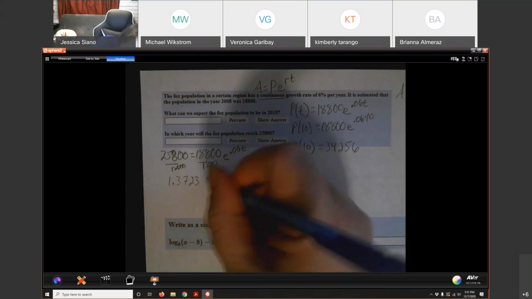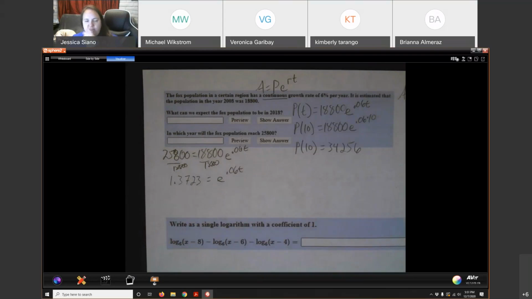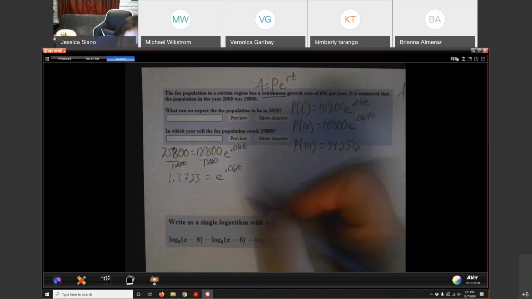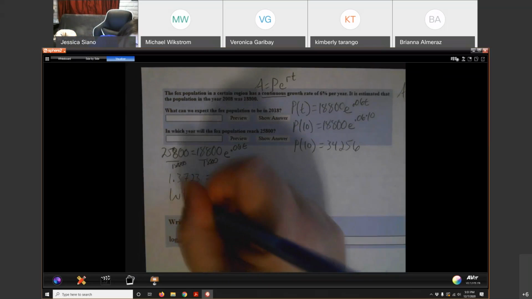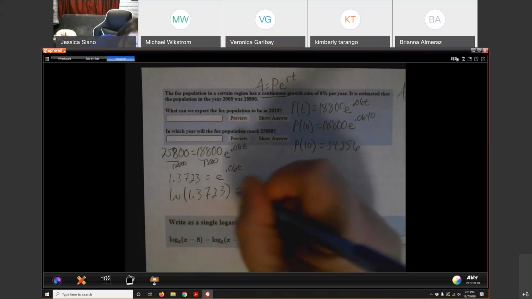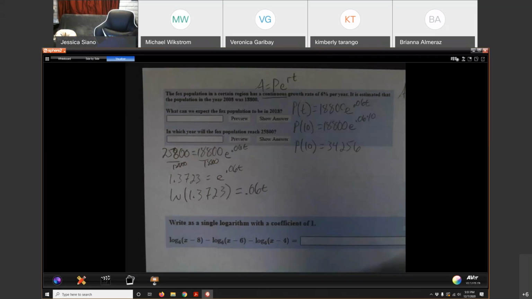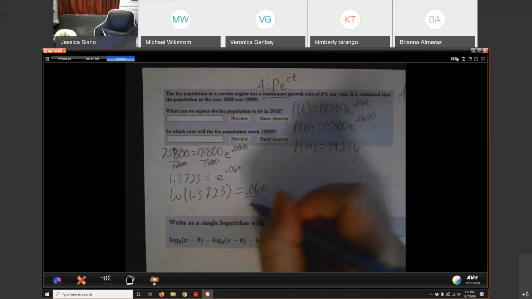That's 1.3723. And then we need to turn this into a logarithm. And remember with the e's, anytime we turn an e into a logarithm, it turns into the natural log. So this would be the ln of 1.3723 equals 0.06 t. Then divide by 0.06.